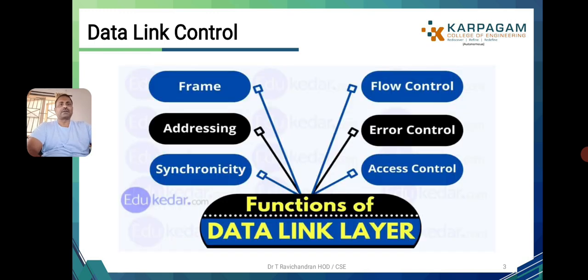The data link layer has the functions of framing, addressing, synchronizing, flow control, error control, and access control. These six responsibilities are the main concerns of the data link layer.